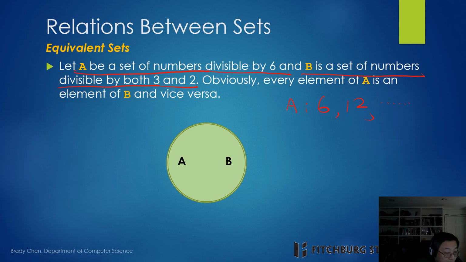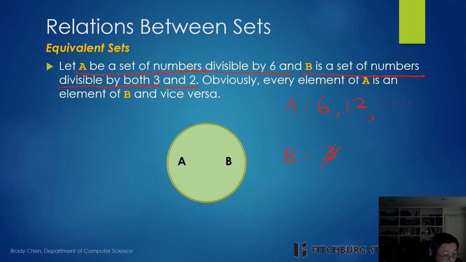Okay. Now let's look at B. Now B is divisible by 3. So let's find some elements for B. Let's take a look at 3. So 3 is divisible by 3, but an element in B must also be divisible by 2, and 3 cannot be divided by 2, right?